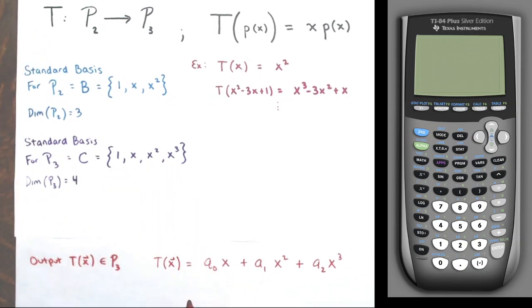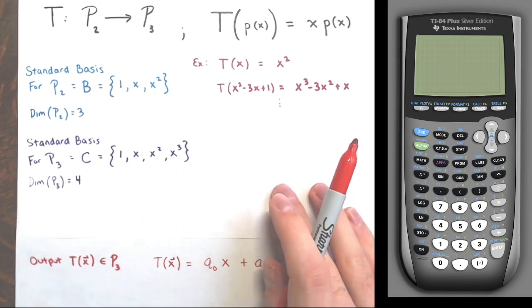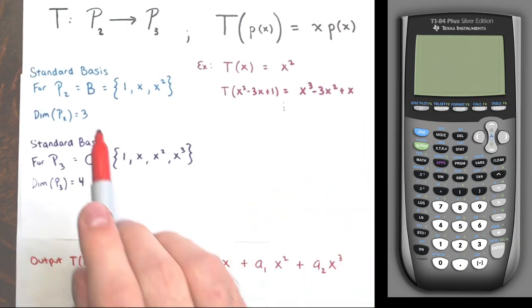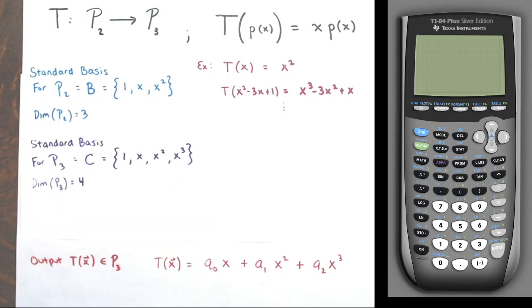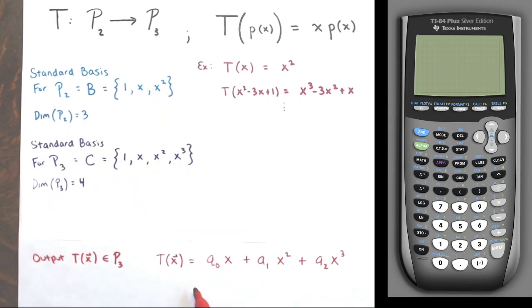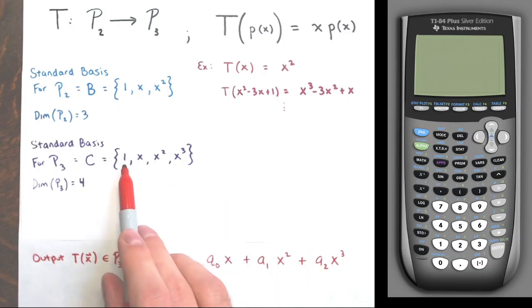So what I'm going to do now is, I wrote the coordinates of the input relative to basis B, and I'm going to now write the coordinates of the output relative to basis C, the basis for the codomain, the output set. Let me write this as a linear combination of these four.